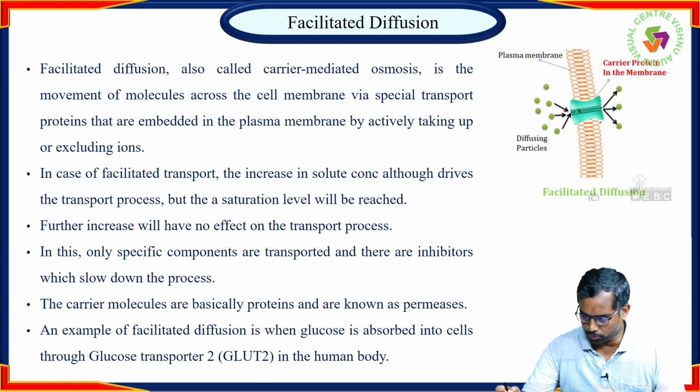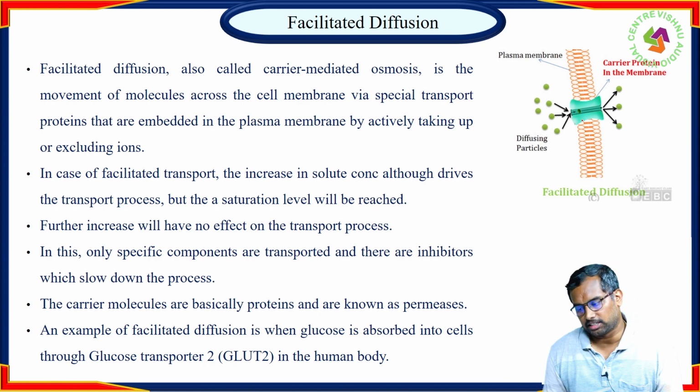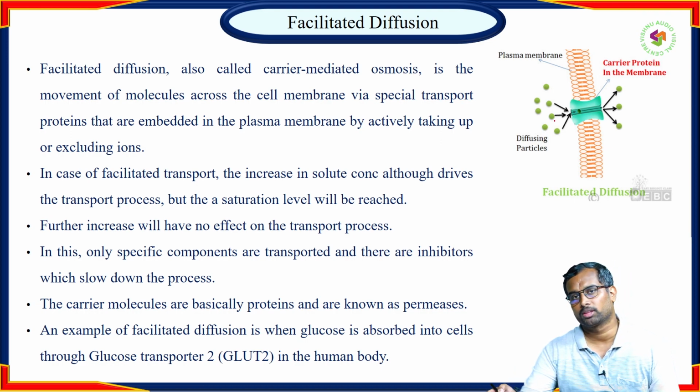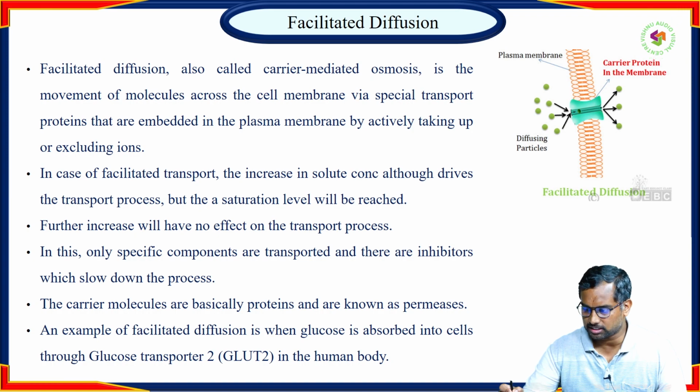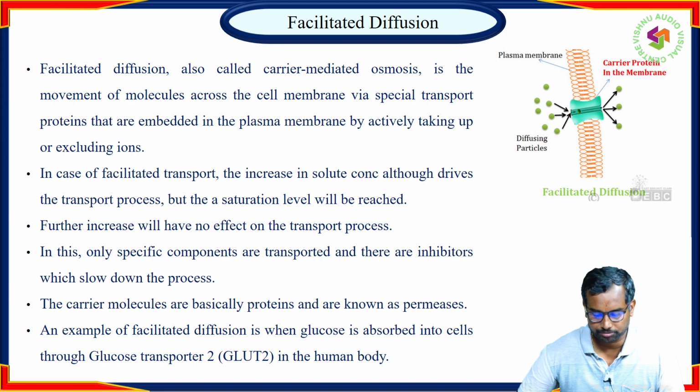This additional layer, coming in contact with the plasma membrane, is a carrier protein. Certain kinds of particles may not easily diffuse through the cell membrane, so the carrier molecule provides the pathway for these molecules or ions to pass through the cell membrane without any difficulty.